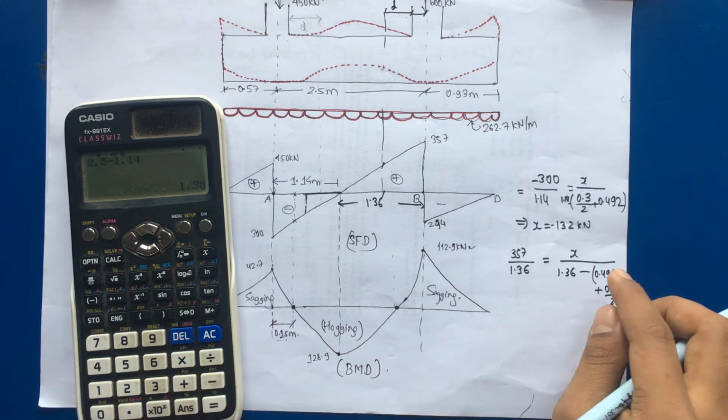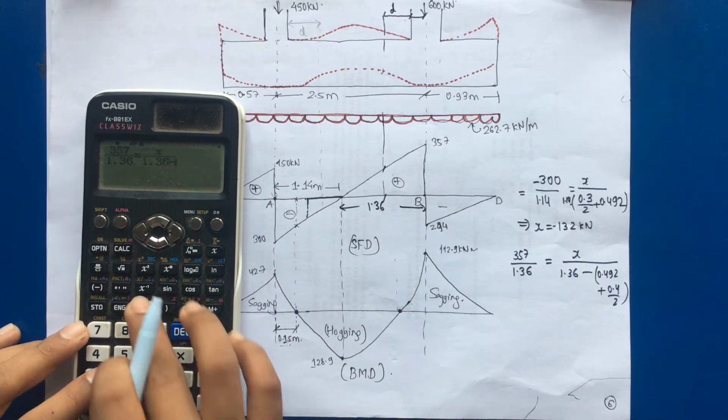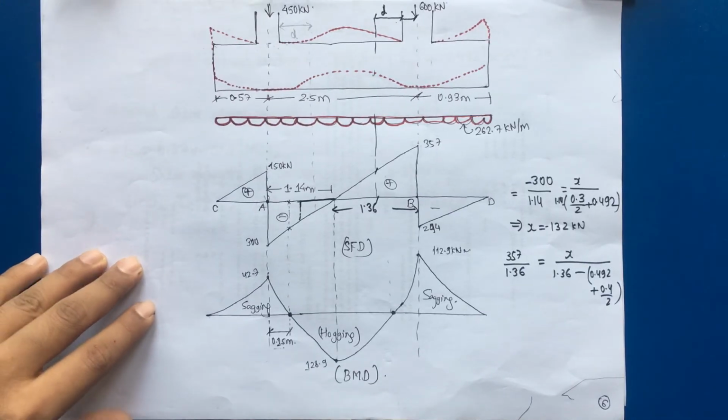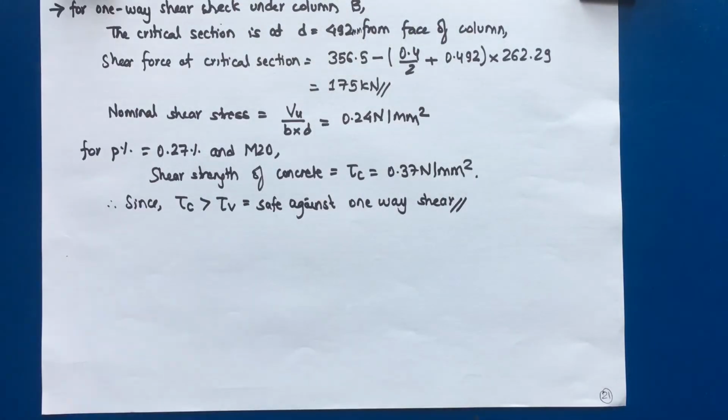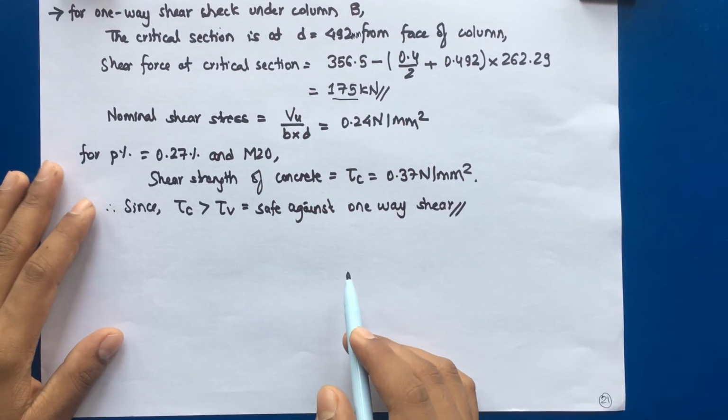The width of the column B is 0.4. So the value is 175.35. So shear force at critical section is 175.3 kilonewton.